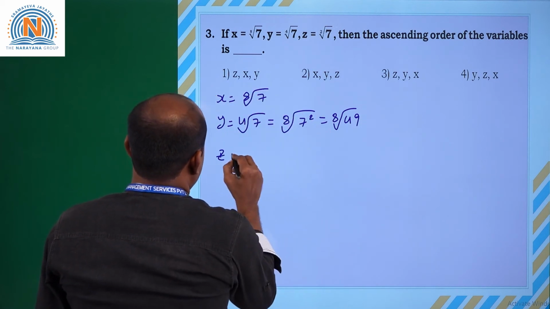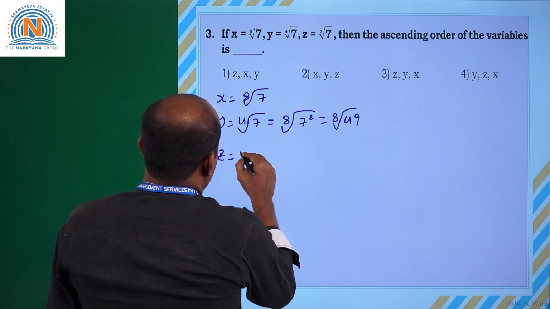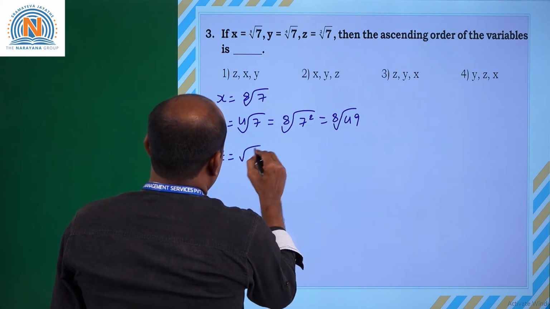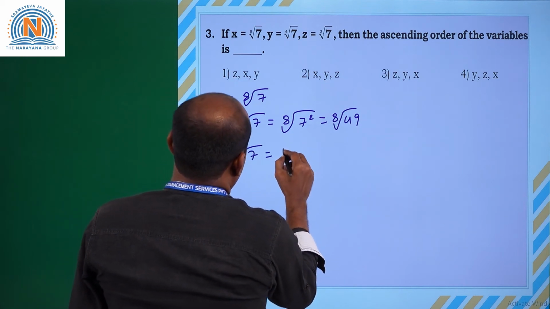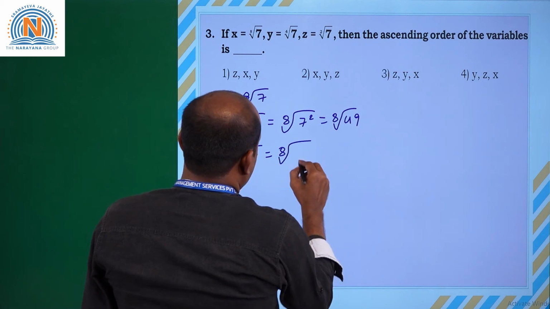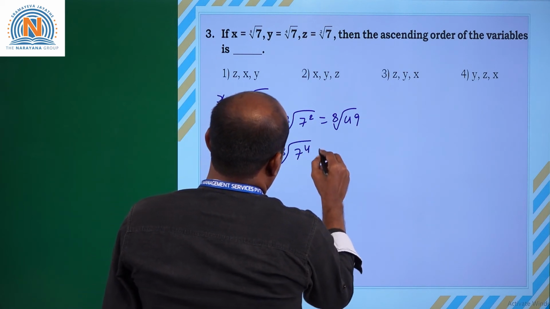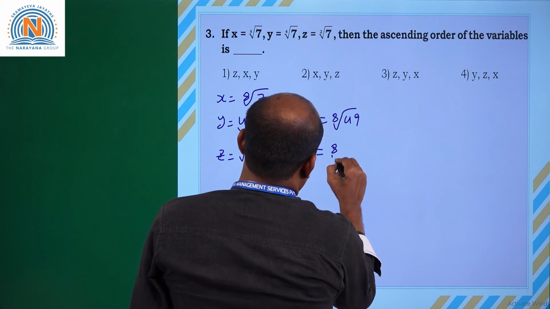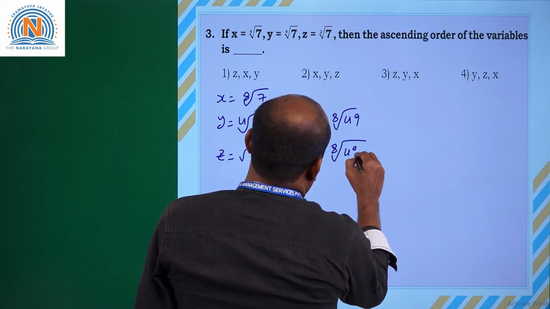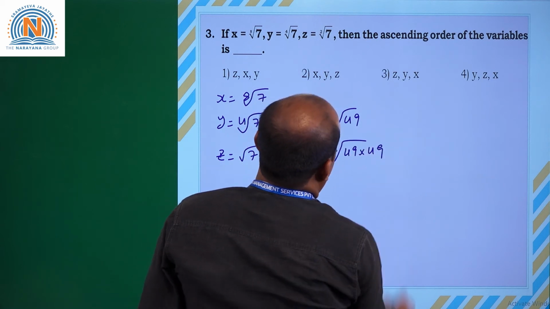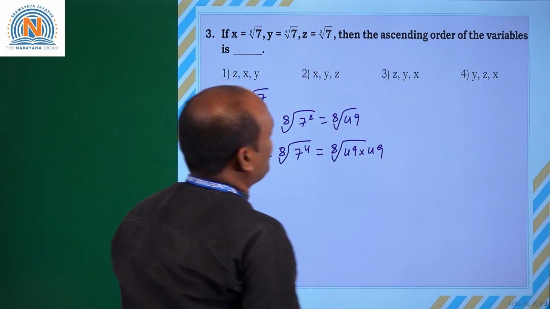Next, z is equal to square root of 7, that is equal to 8th root of 7 power 4, that is equal to 8th root of 49 into 49.